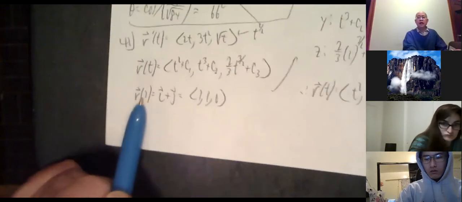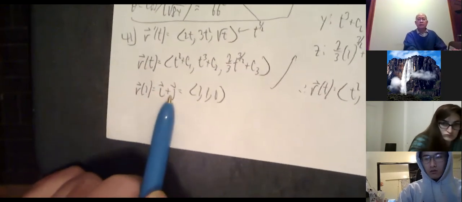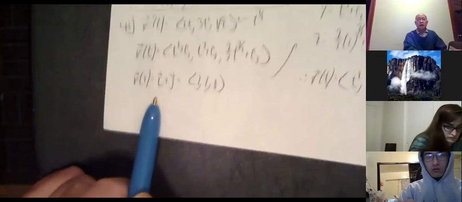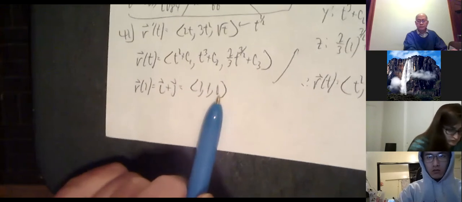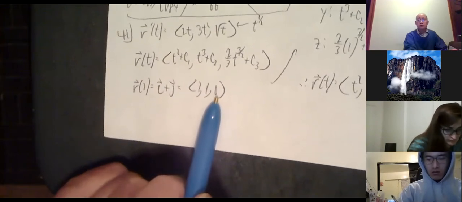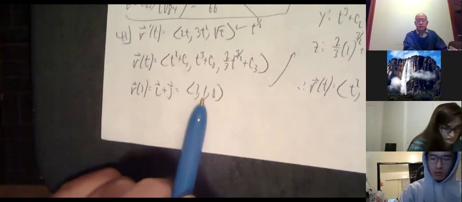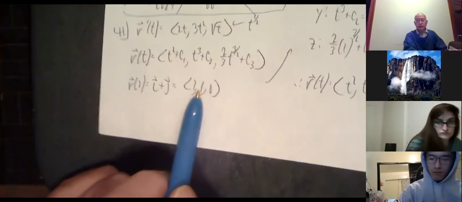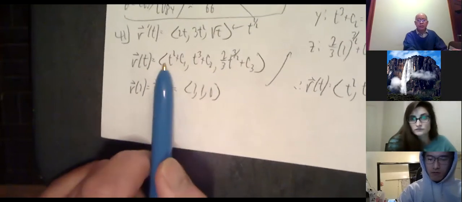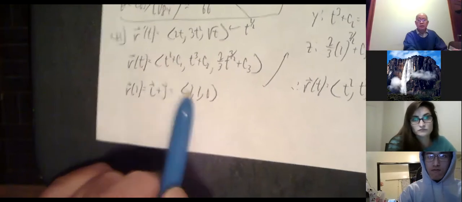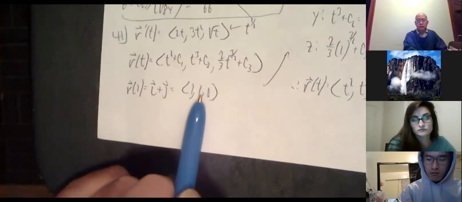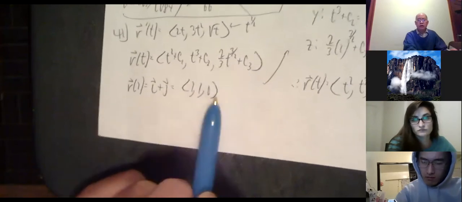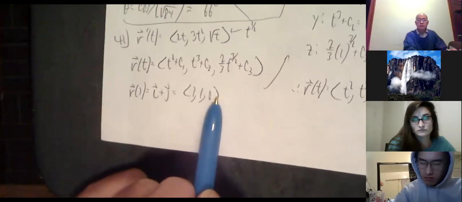Now they say r of 1 is i plus j. Another way of thinking of i plus j is 1, 1, 0. That means if I plug in 1 here, I'm supposed to end up with 1. If I plug in 1 here, I'm supposed to end up with 1. If I plug in 1 here, I'm supposed to end up with 0. So I just do it component by component.